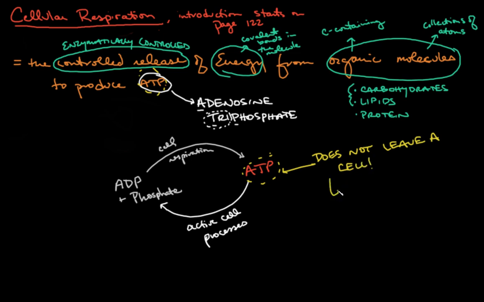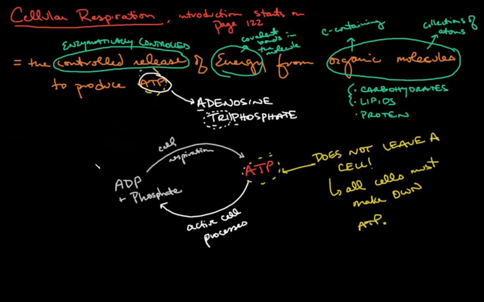Which means that all cells must make their own ATP, which means they need their own enzymes, their own reactants to make that ATP, right? So, once ATP is made, it's a ready source of energy for all cells, right?